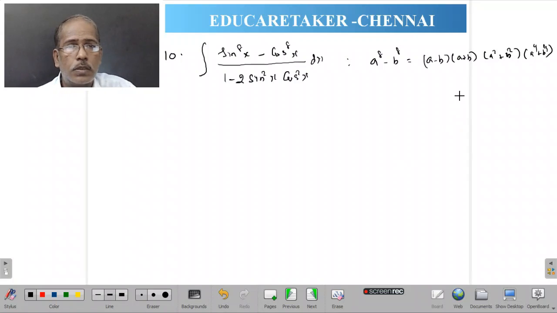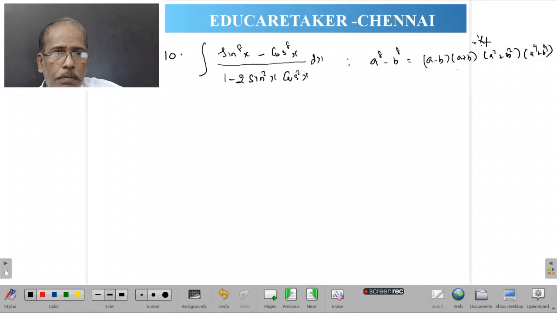Correct? So a minus b into a plus b gives a square minus b square, a square minus b square into a square plus b square gives a power 4 minus b power 4, into a power 4 plus b power 4 gives a power 8 minus b power 8. Okay? So remember the identity.